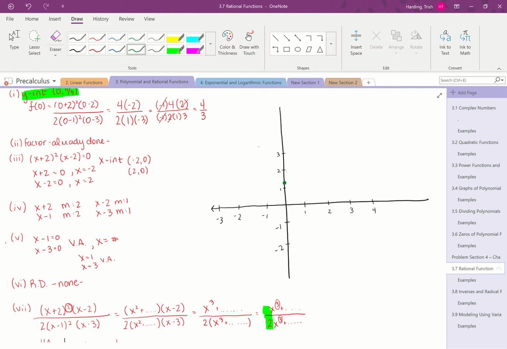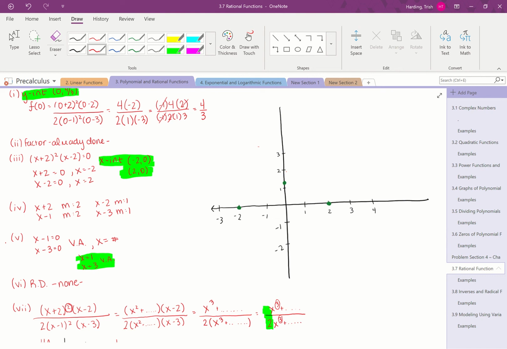The next thing I'm going to need to do is plot the x-intercepts. My x-intercepts are going to be (-2, 0), right here, and (2, 0), right here. Now I'm going to plot my vertical asymptotes, because those have also got to get done.